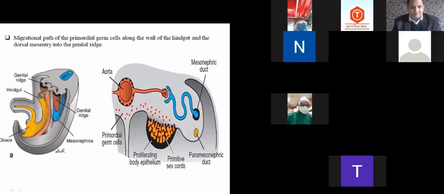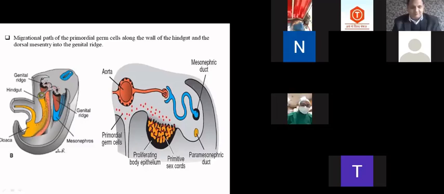Similar thing is being shown in this diagram. Here, this is the notochord area. This is the transverse cut section, the first diagram. And somewhere here, the aorta is going to develop. Here is the aorta, giving its branch to the glomerulus, glomerular capillaries, all those things.